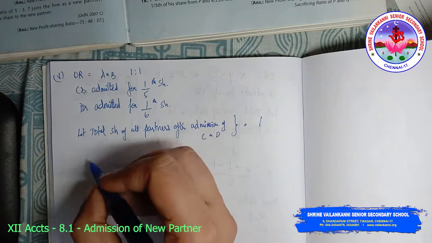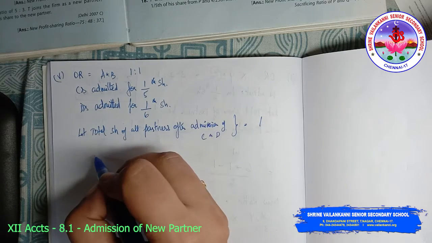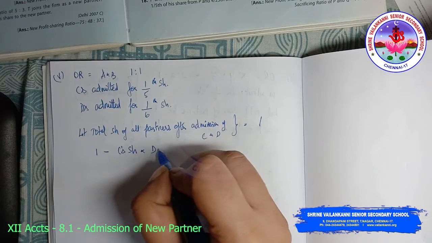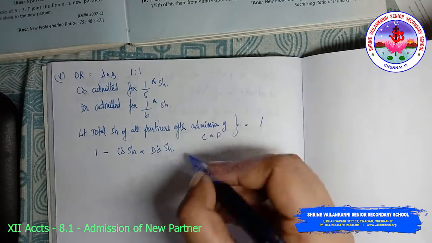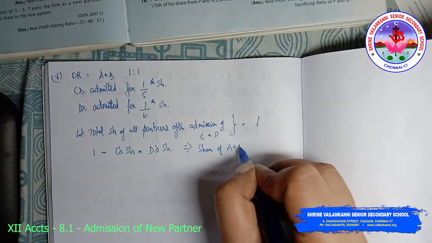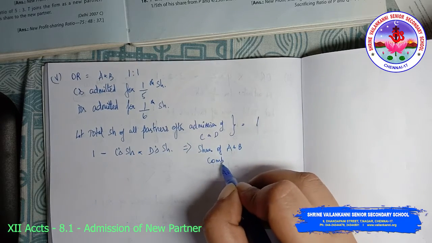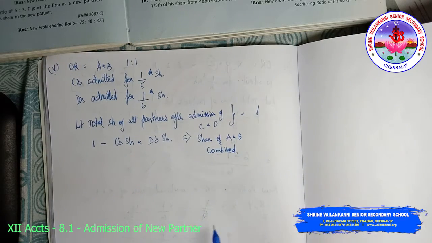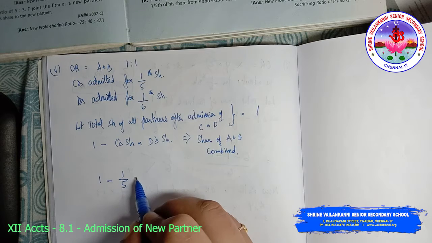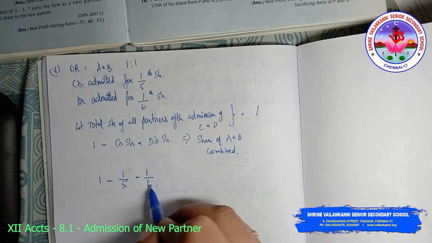Okay, so 1 minus C's share and D's share will give you the combined share of A and B. So 1 minus 1/5 minus 1/6.